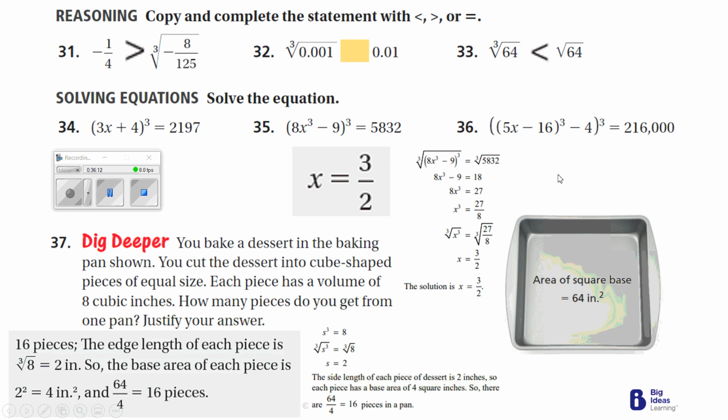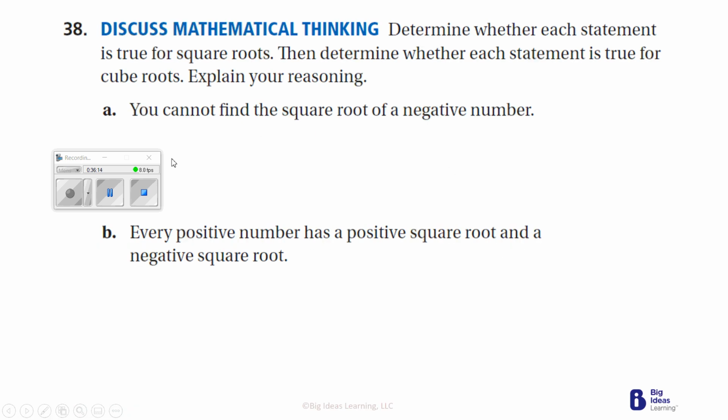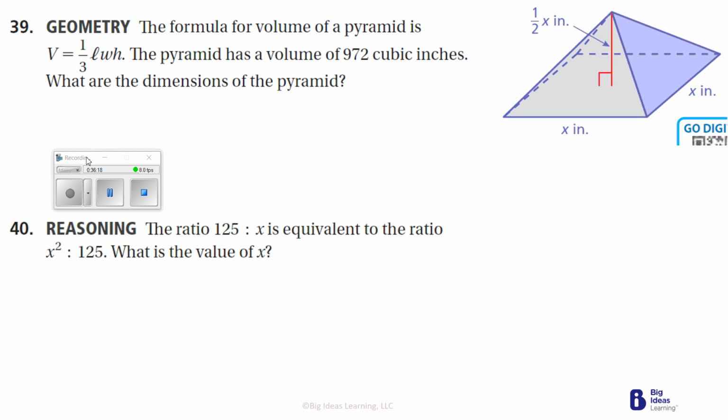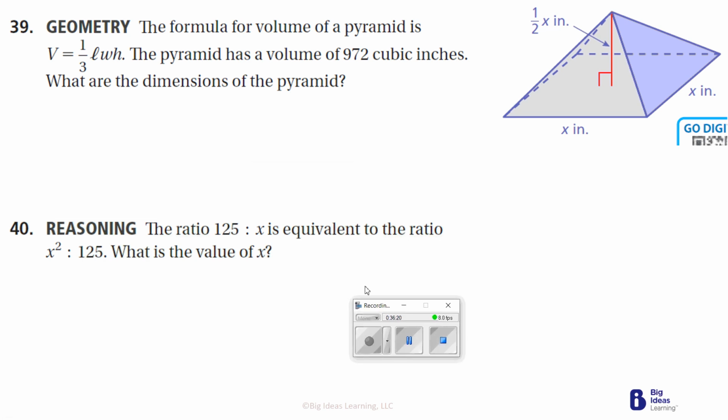Let's move on to number 39. You have 38 to do. 39 says, I got a formula here for the volume of a pyramid. The volume is 1/3 LWH. This looks like a fun one to solve.